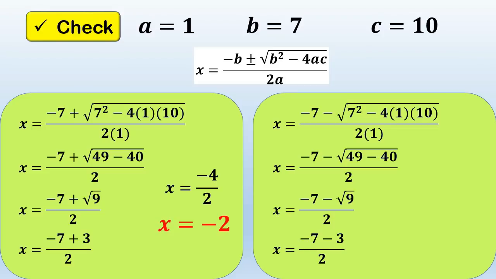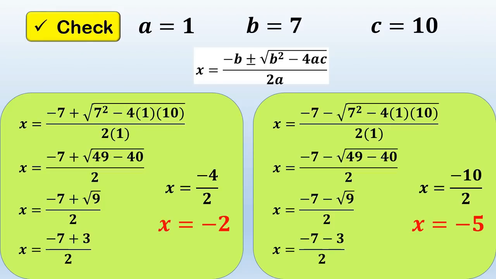So negative 7 minus 3. So since the given is like that, instead of subtracting, let's combine it and copy the sign. So, negative 7 minus 3 will become equal to negative 10 divided by 2. So, the answer is negative 10 divided by 2. The answer is negative 5.